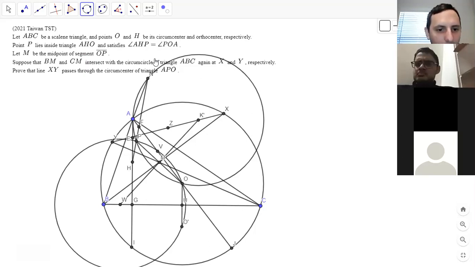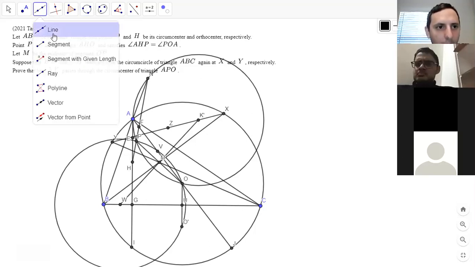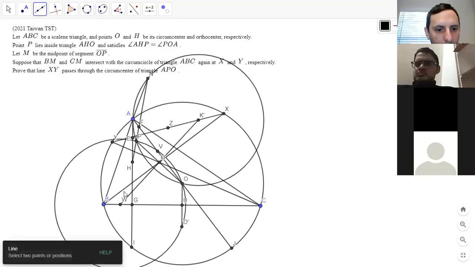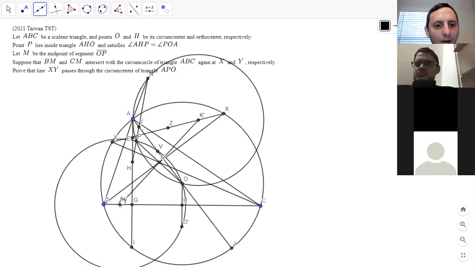Yeah, interesting, because it's the intersecting point of the perpendicular bisector of OP and the perpendicular bisector of OO prime. Interesting. So W is the center of that circle, and AN is equal to OO prime.